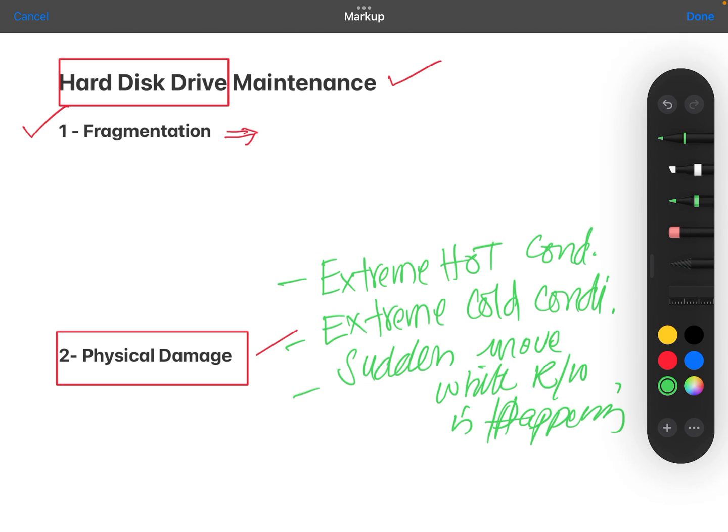You drop the laptop or the disk, or there was a sudden jerk, so the head that is writing on the disk can touch the surface and cause problems.